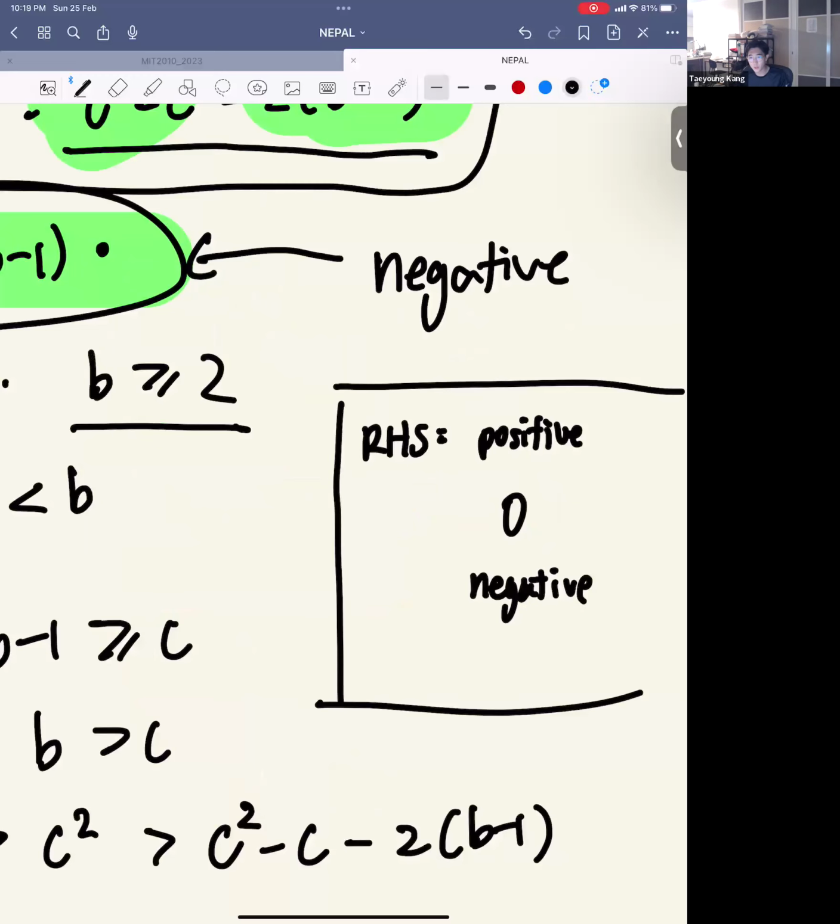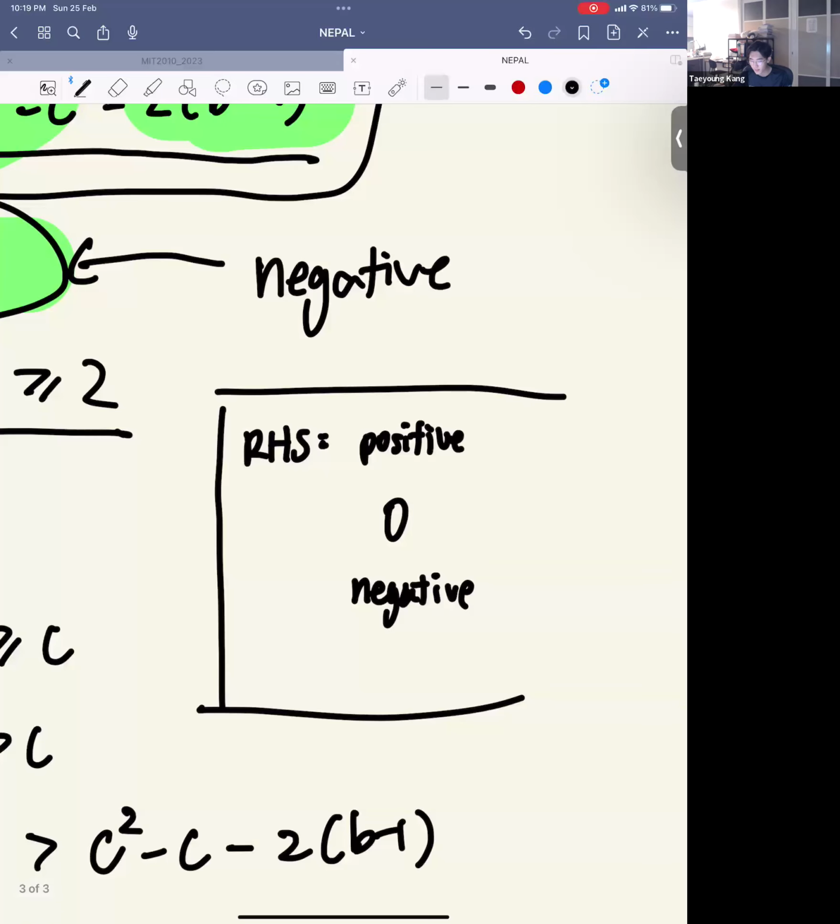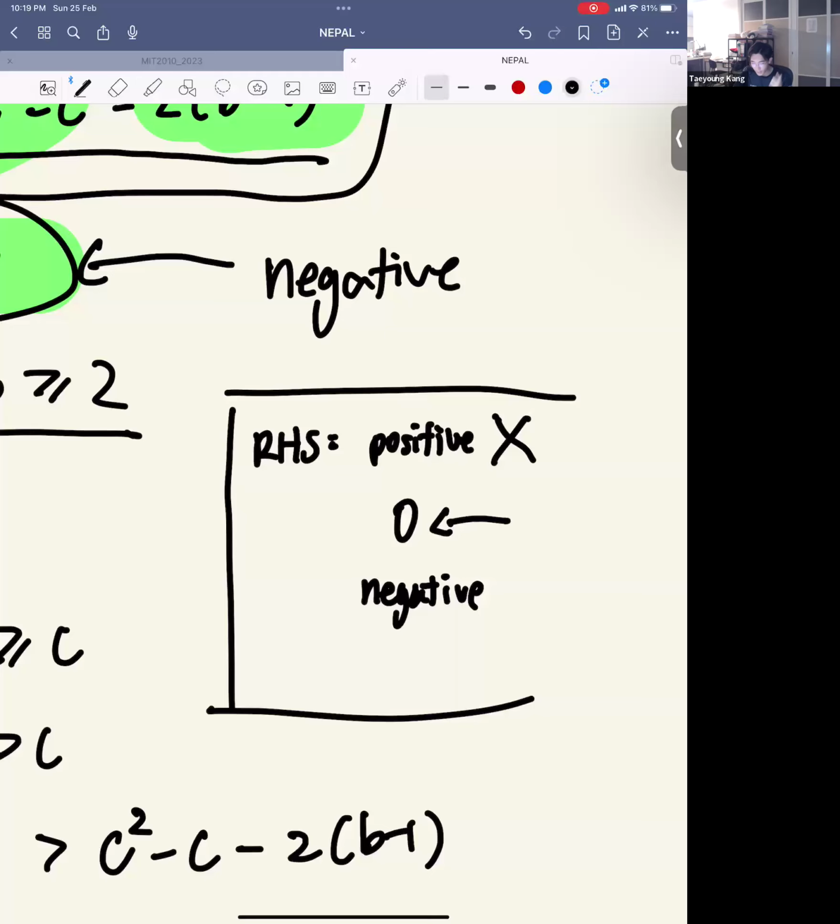What we generally want to do is make the right-hand side 0. So we want to show that it cannot be positive and it cannot be negative. And we must remember to show it. A very easy way to show it sometimes is to show that the modulus of the left-hand side is larger than the modulus of the right-hand side. Then it covers both the positive and negative cases, and it just gives us that the right-hand side must be equal to 0.